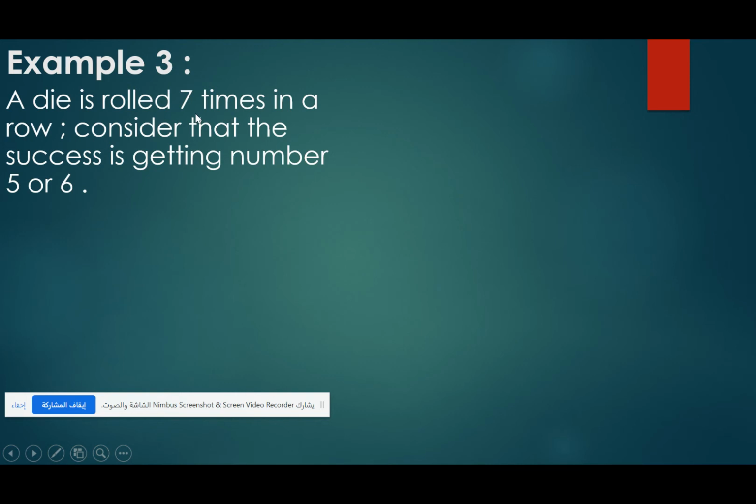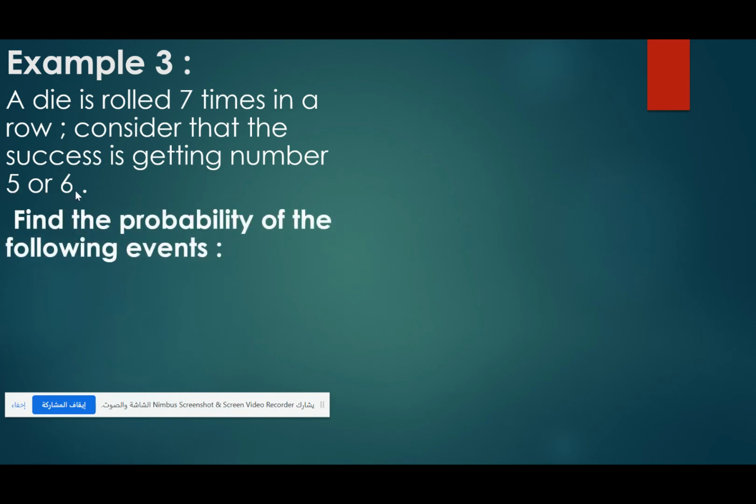N means the number of these sequence trials. So we can say that n is now known, which is 7. And we're going to consider that the success is getting the number 5 or 6. So in that case, the probability of getting 5 or 6 is 2 over 6, because they are two outcomes from 6.